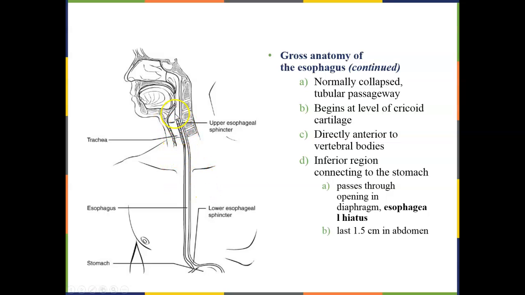So when food moves into the esophagus, the trachea is here, and the bolus will actually cause the esophagus, the smooth muscle, to expand into the region of the trachea. And this is why you cannot breathe and eat at the same time.